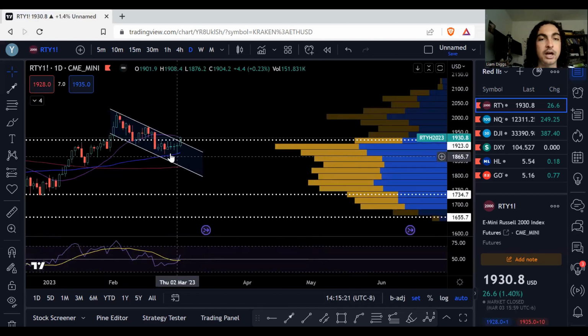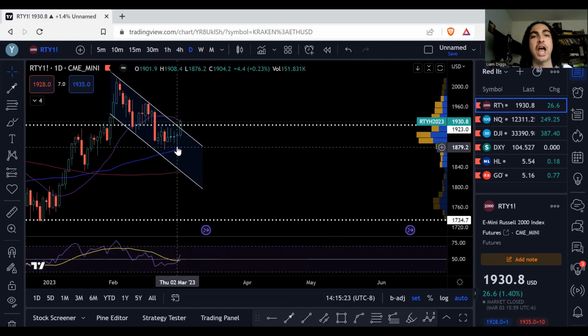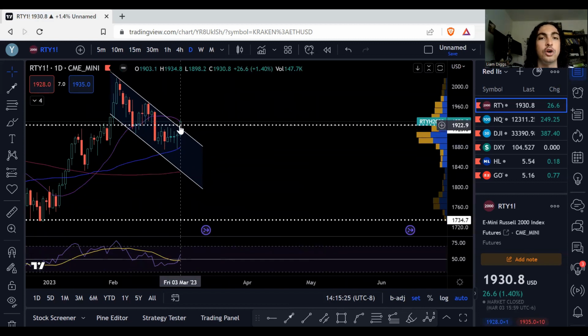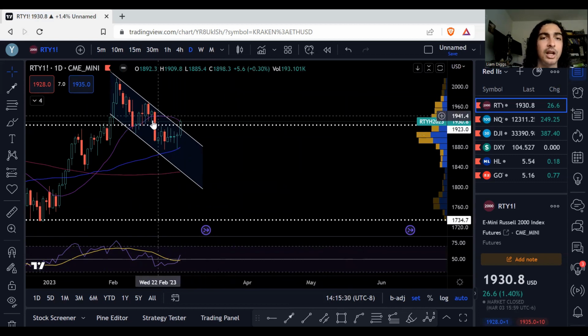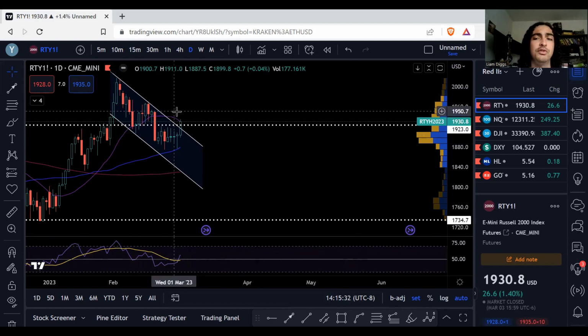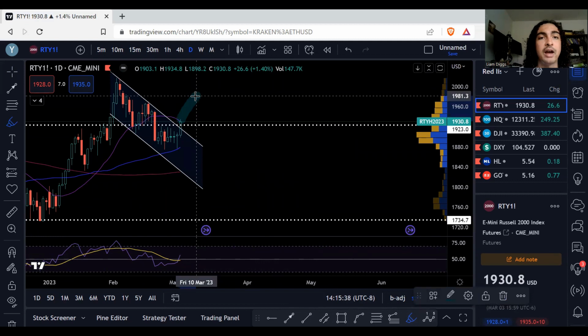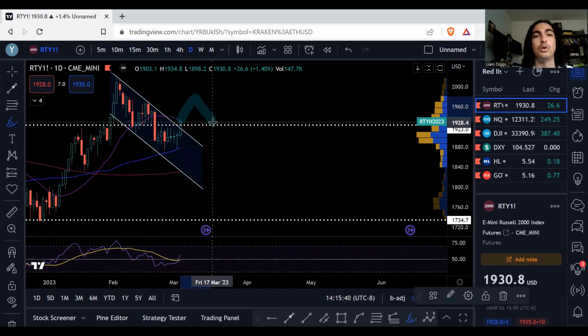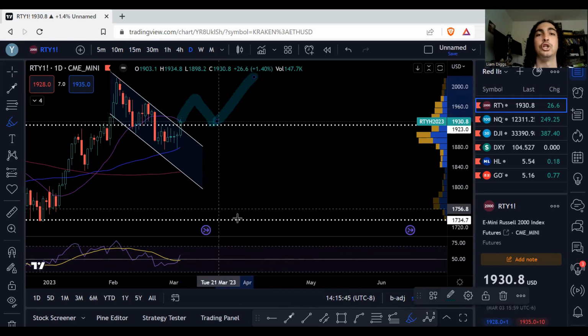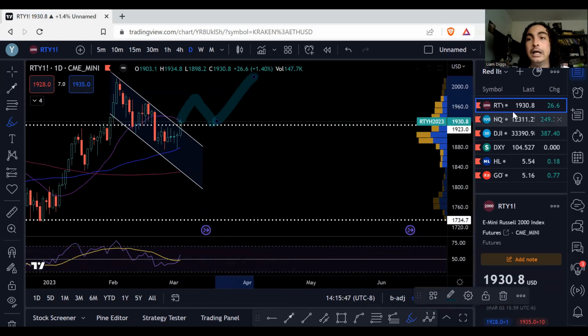As you can see here, we came down, caught a lift on our 50-day moving average, moved back up, got a strong close above our 1923 level. Kind of having some resistance with the 20-day moving average, so keep an eye on that. I would like to see price action move up through the 20-day moving average, find some support once again around this 1923 level, and then again a much larger move up.